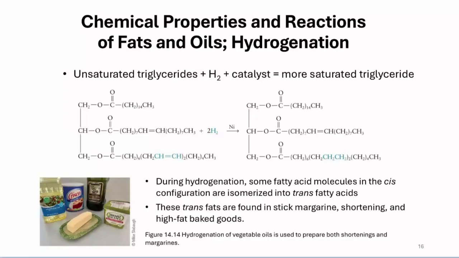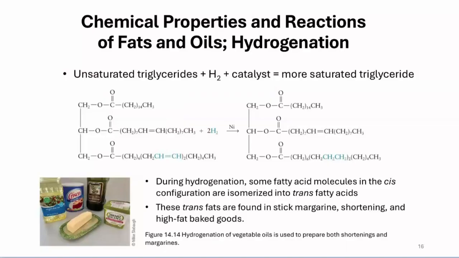Nevertheless, partial hydrogenation is needed to create these food products, because if you do full hydrogenation on the unsaturated triglyceride, it's going to create a product that is not going to be stable.